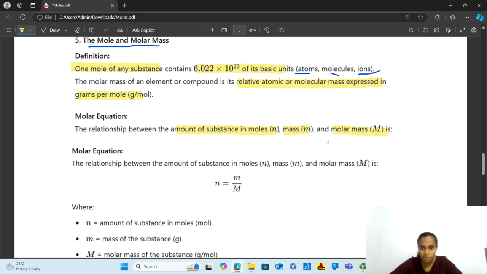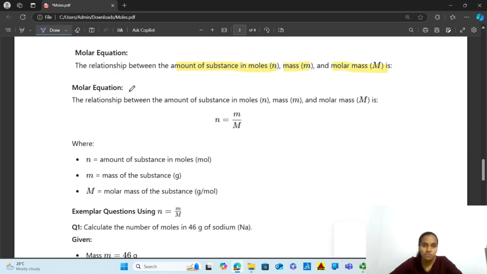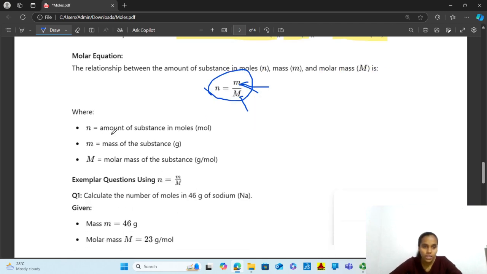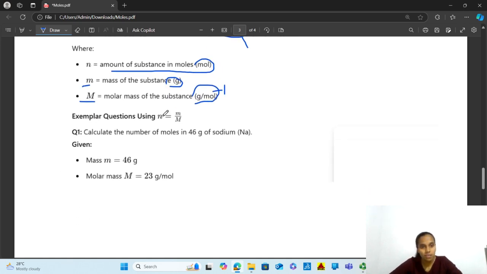Molar mass is capital M. So we have this equation: n equals m over M. You can easily remember this as small m always comes first, then capital M, the molar mass. n is the amount of substance, measured in moles; m is the mass of the substance, measured in grams; and capital M is the molar mass, measured in grams per mole. So we'll see an example.